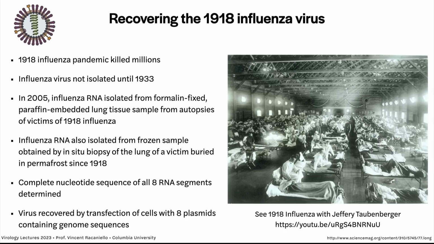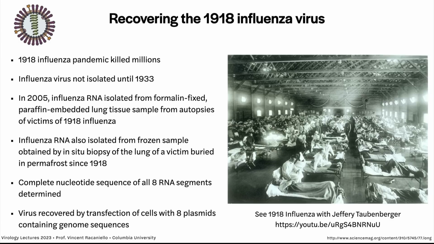They opened the graves, they did a biopsy of the lung. They got permission to do this, of course. It's not like they went at night and opened the grave, right? And they sequenced the rest of the genome from those corpses in the ground, buried in the permafrost.